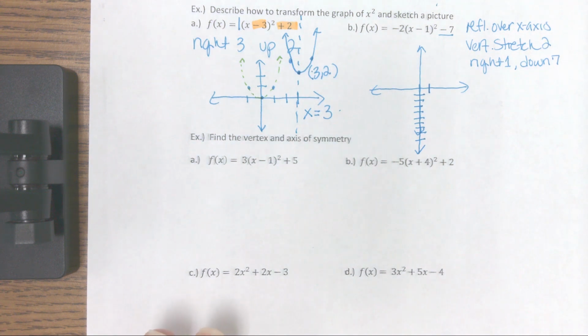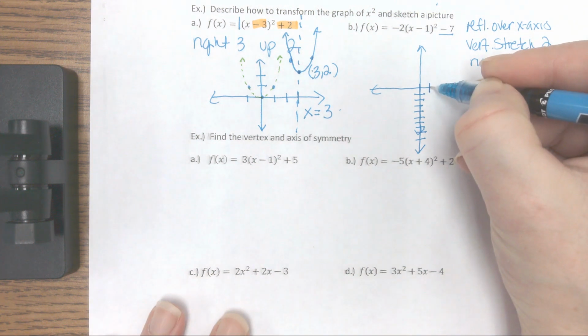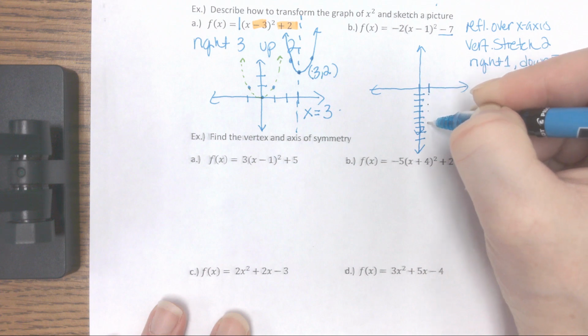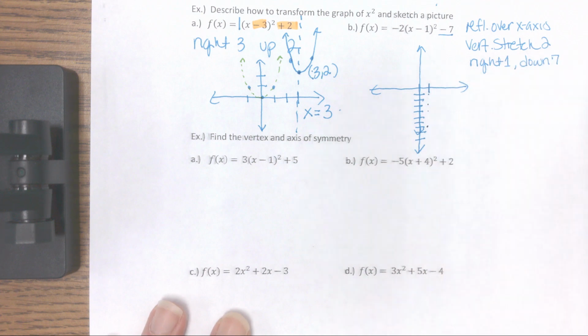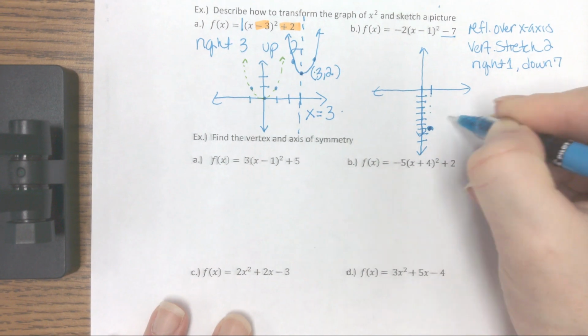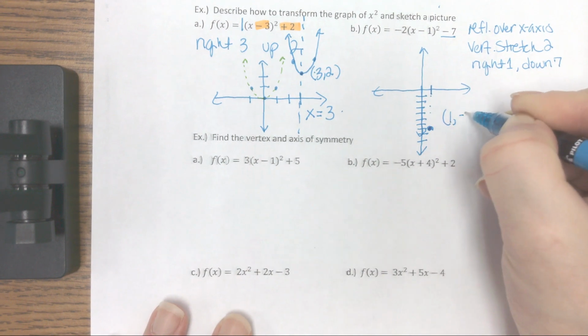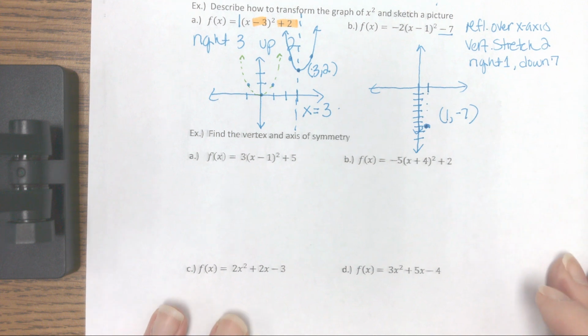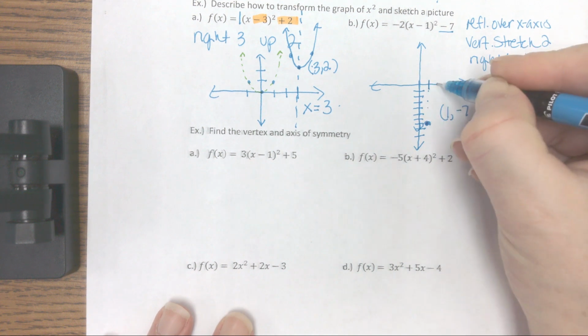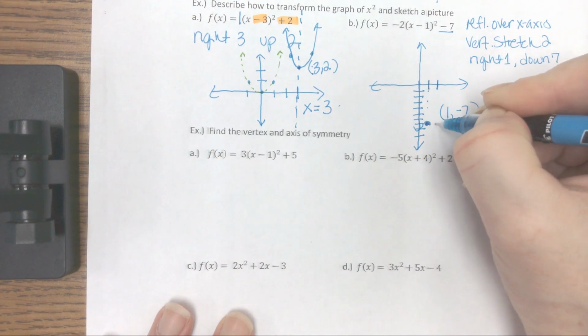What's the vertex? What are the coordinates of the vertex? If it moved right 1, down 7, the coordinates of the vertex are 1, negative 7. I'm going to, from 1, negative 7, go over 1, down 2.